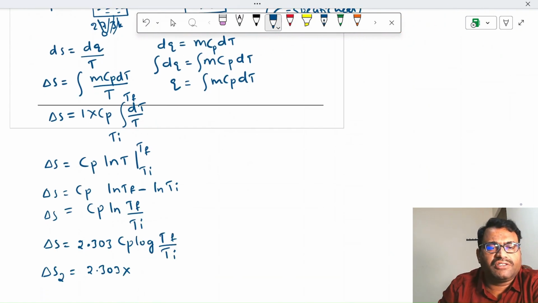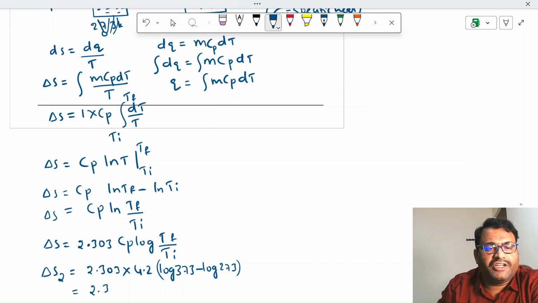So let us use 4.2 into log T final. What is the final temperature? 373. Initial temperature, log 273.